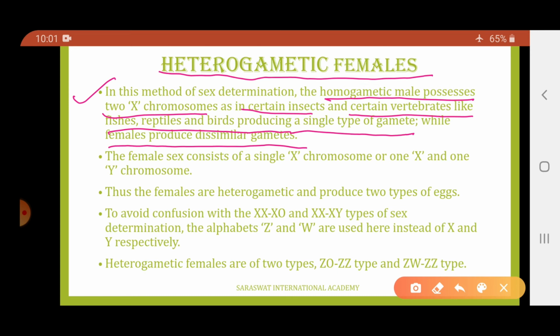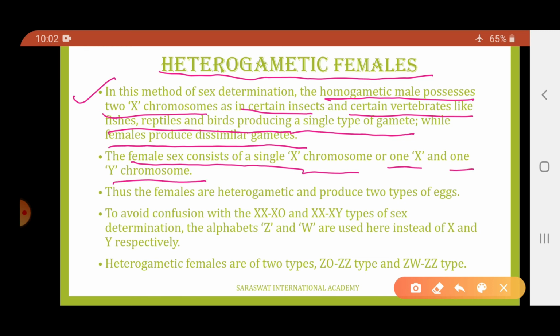So, what is the heterogametic female condition? Here the males are homogametic, that is, they produce the similar gametes and they will have the two same sex chromosomes, whereas the females are heterogametic, it means they produce the dissimilar gametes. So, here the female consists of a single X chromosome or one X chromosome and one Y chromosome.